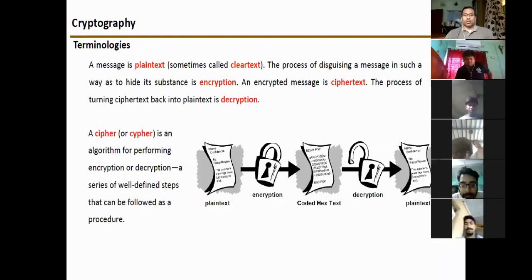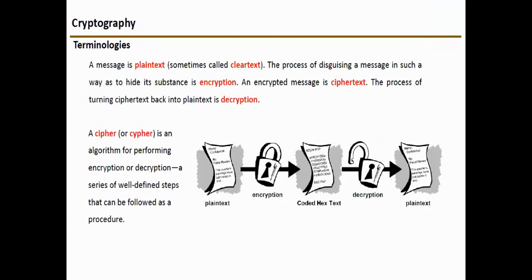Cryptography essentially deals with the algorithms that do the encryption process, which is called the ciphering or the cipher algorithm, and the decryption process, which is called the deciphering algorithm.